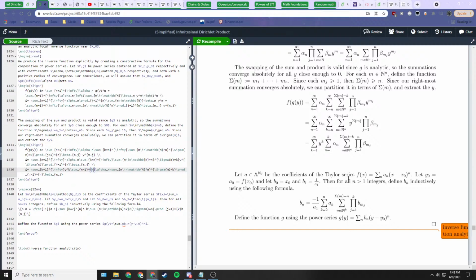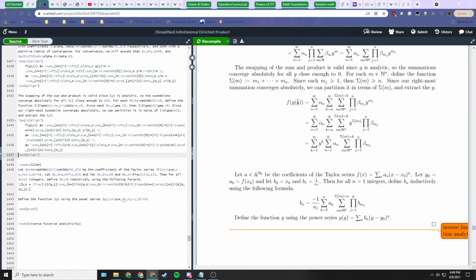Let me double check my notes on this. Okay, so this is our explicit representation of the composition, as a power series. So we have f of g of y, and we end up with a power series representation, y to the power k of this whole summation. And this is the only place where our y to the power k's are.